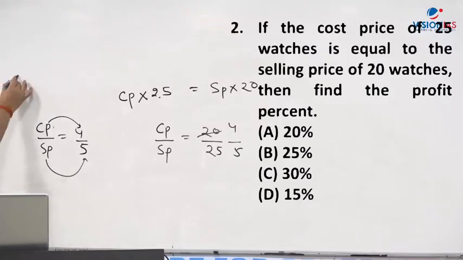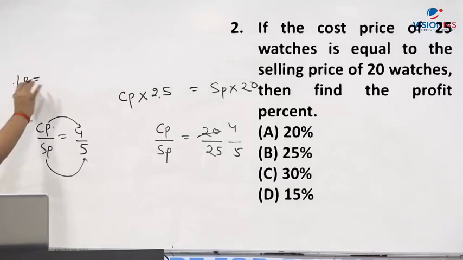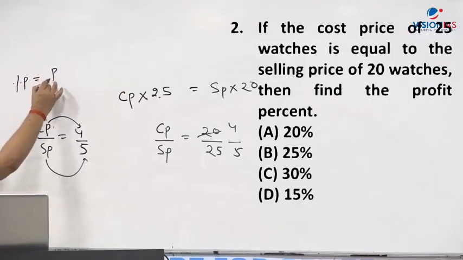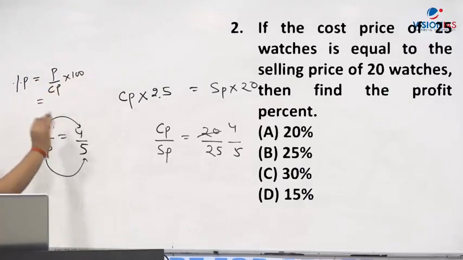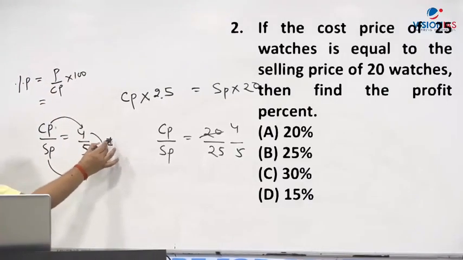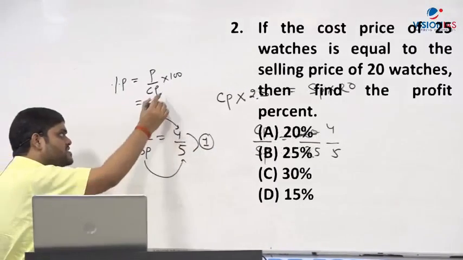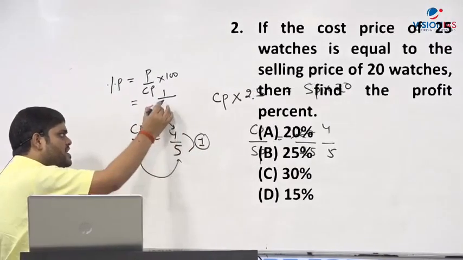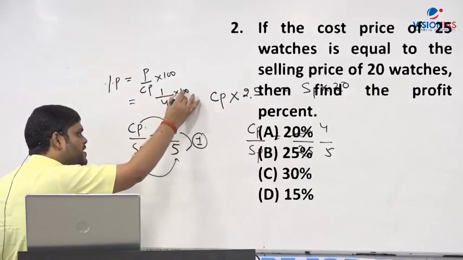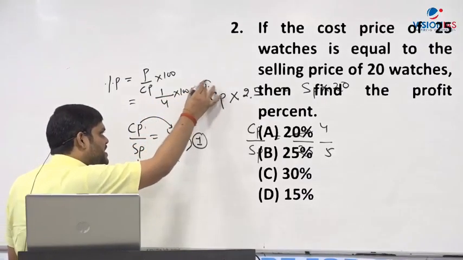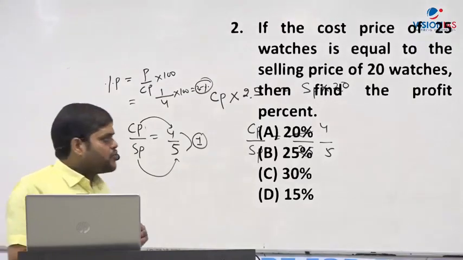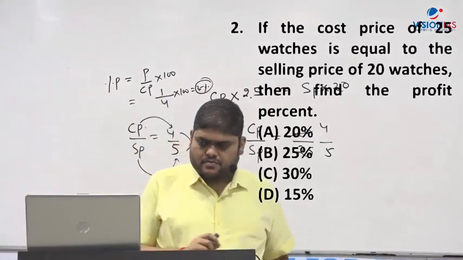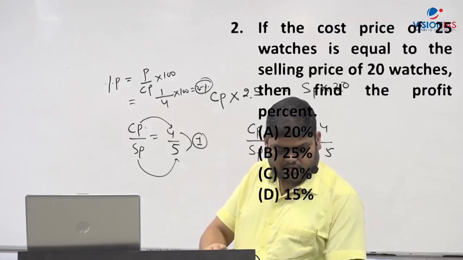So what is the percent of profit? Percent of profit is equal to profit upon CP into 100. Yesterday we have done this. What is the profit here? 1 rupee profit, SP minus CP. 1 upon CP, which is 4, into 100, that will give you 25%.